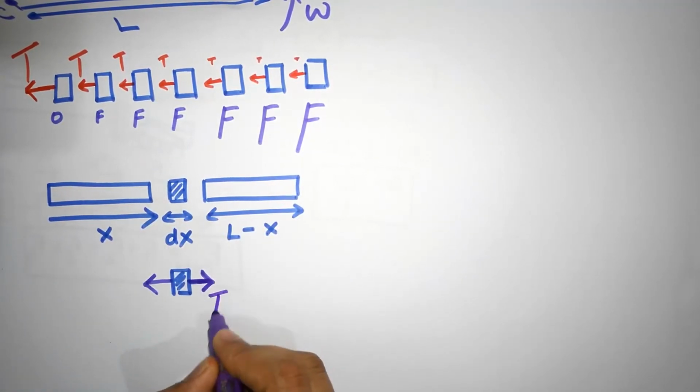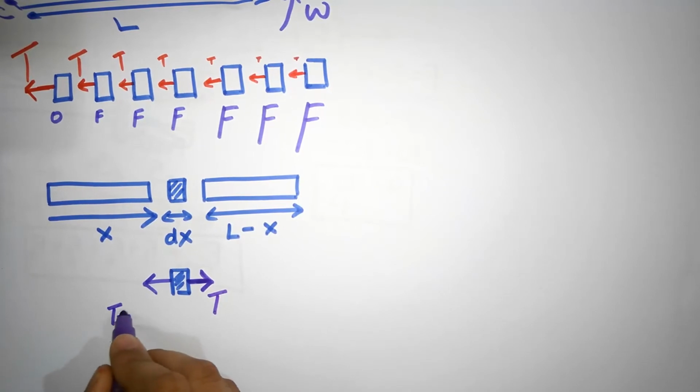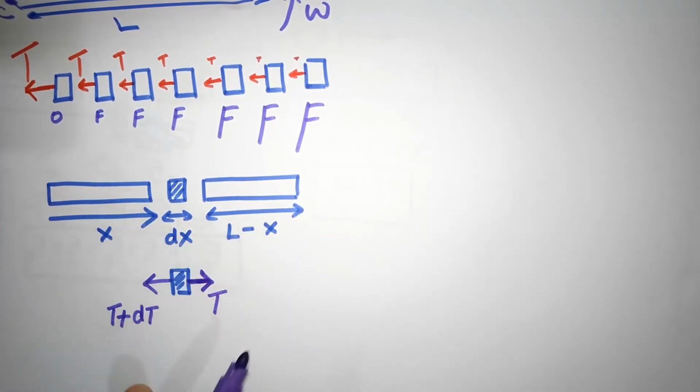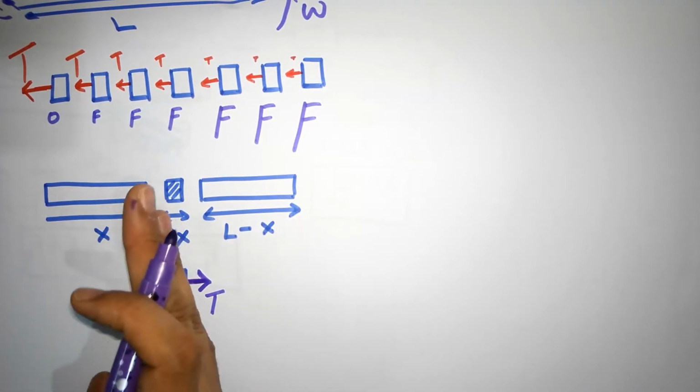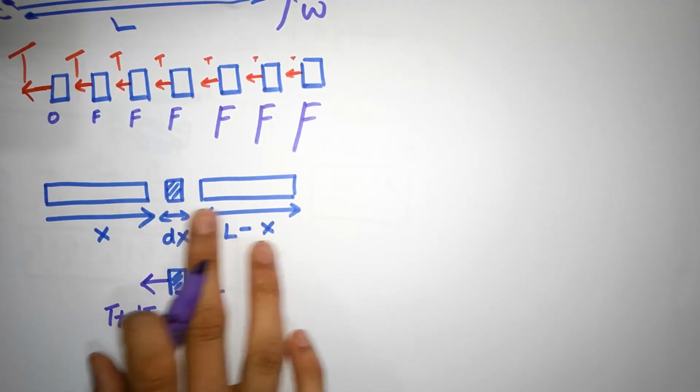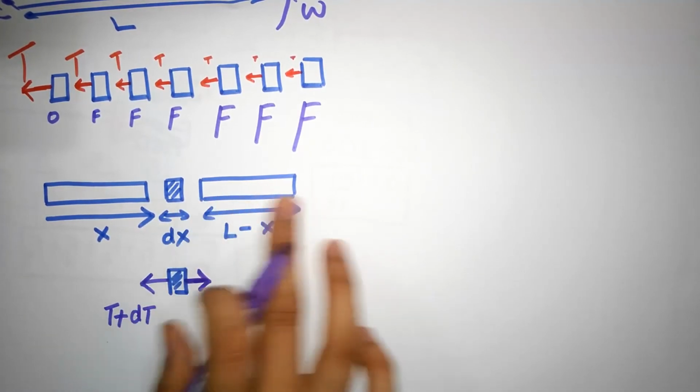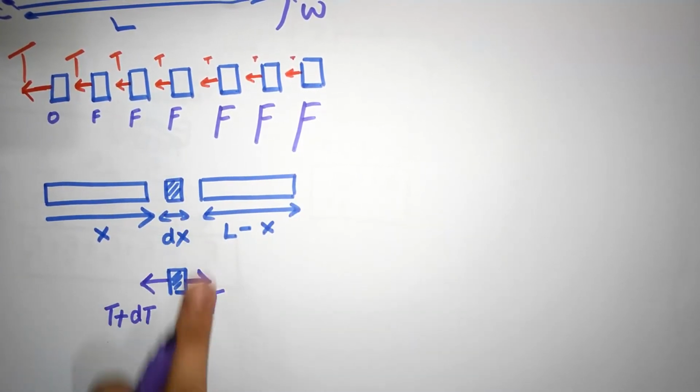So if this force is T, I'm just going to call this T plus dT. That's the teeny tiny extra force you need over here. But T is the tension at this point, x. So if I calculate what dT is, I'm going to sum up dT all the way from here to here. Okay? And that's the amount of tension needed at this point.